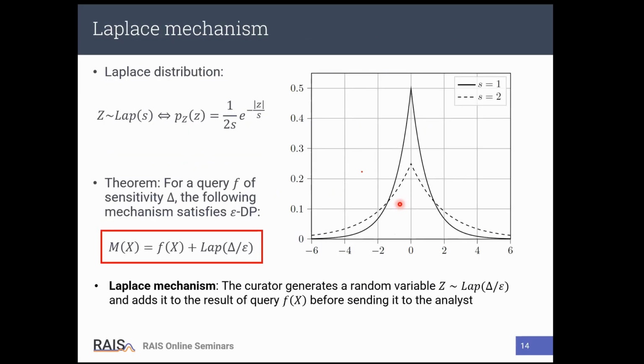Basically, the Laplace noise that you add is proportional to the maximum variation that you can have in the query. If you have a counting query, your variation can be at most 1, so you need to add noise proportional to this value of 1. If you have a query that can change by, I don't know, 500, if you substitute 1 user in the data set, then you will need to add much more noise. That's the point.